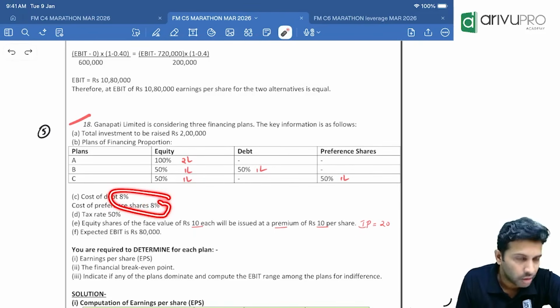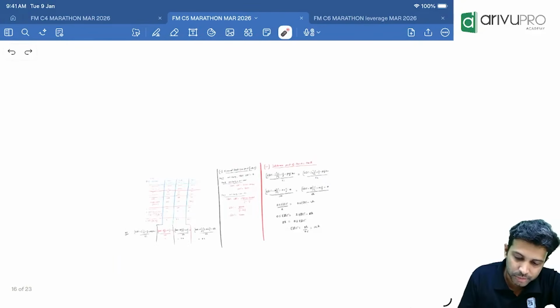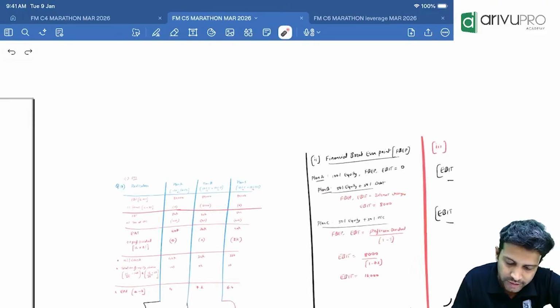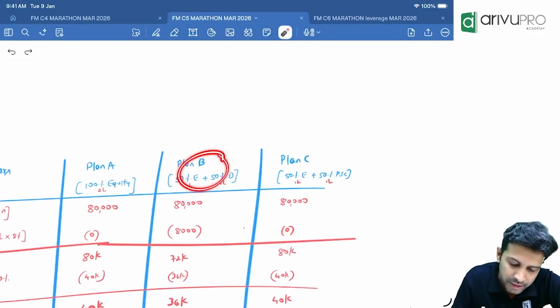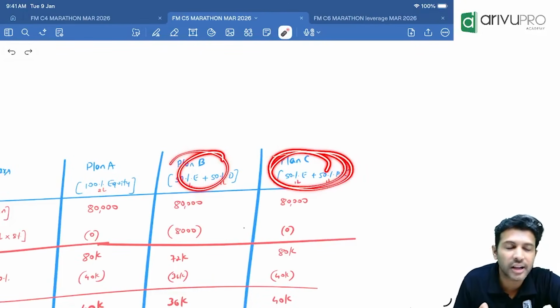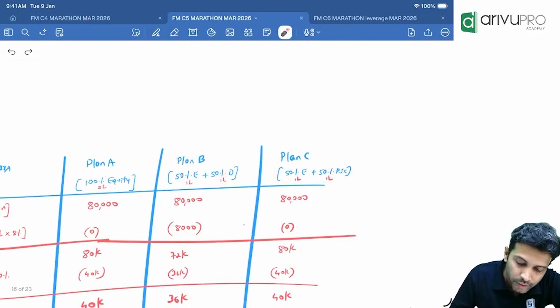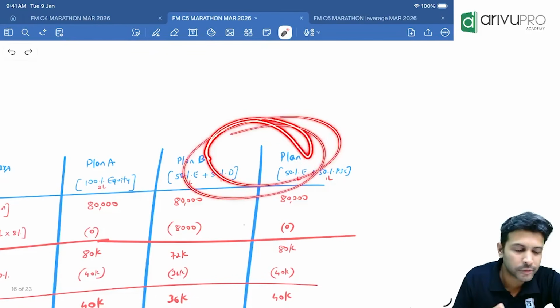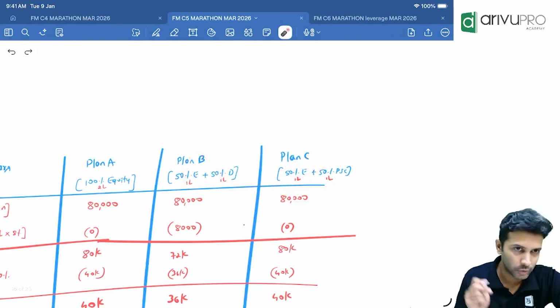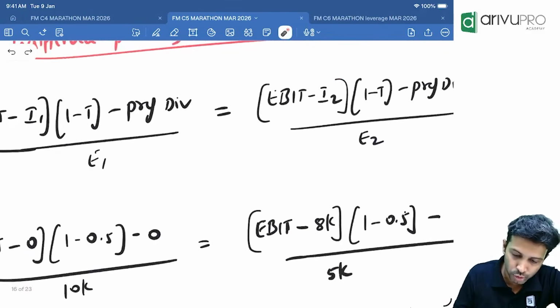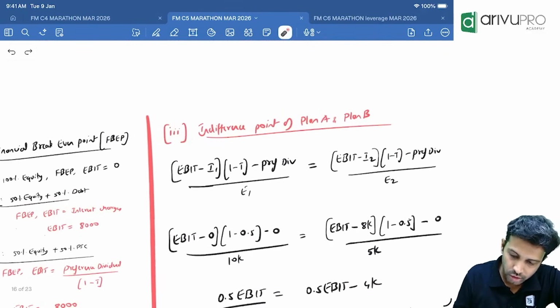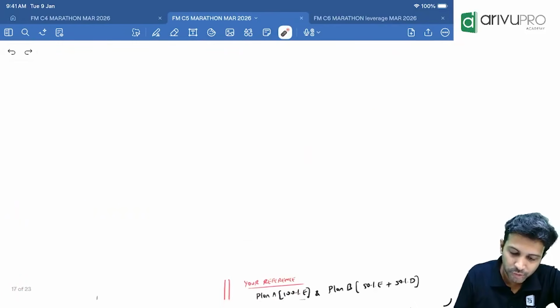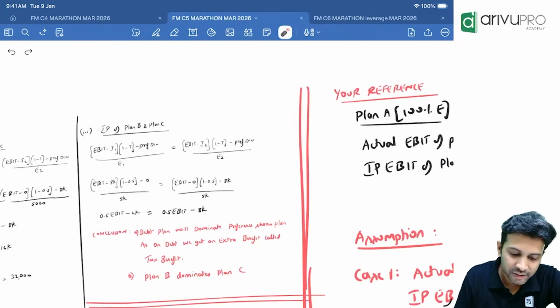Now if you observe, debt is there in which plan? Plan B. Preference shares are there in which plan? C. When you calculate the indifference point between B and C, I'll show you instead of telling. You will not be able to find EBIT between B and C. Why?